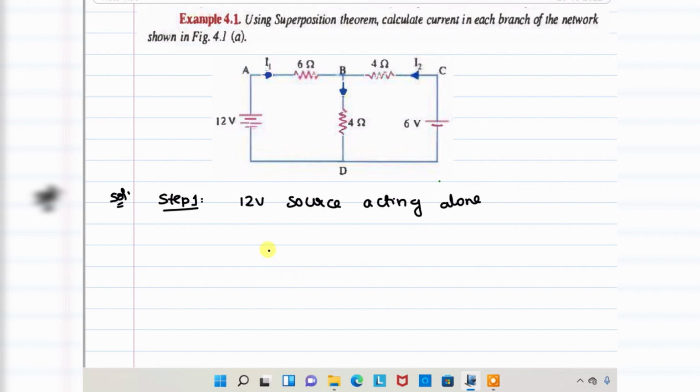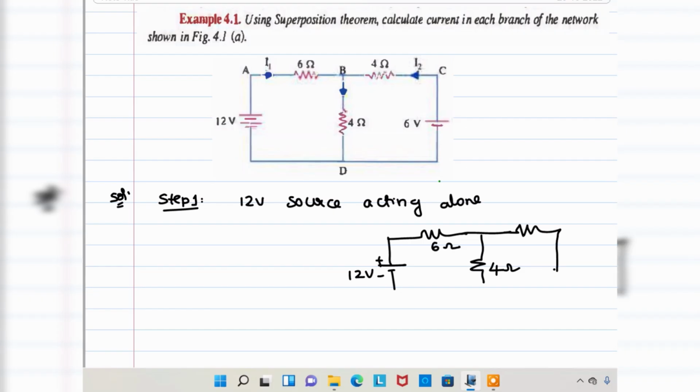So when the 12 volt source is acting alone, what about the circuit? This is a 6 ohm, this is a 12 volt, as well as 4 ohms, and this one is short circuited, 4 ohms.